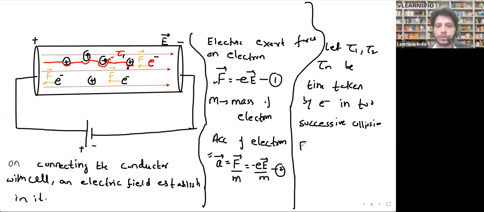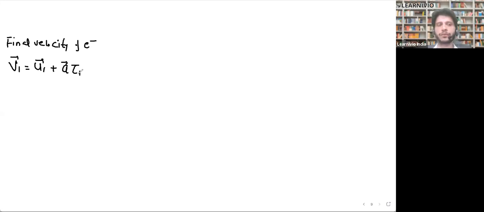So the final velocity of electrons, one can write as follows. The final velocity of the electron, v1, is u1 plus a tau 1. That's the final velocity of the first electron.